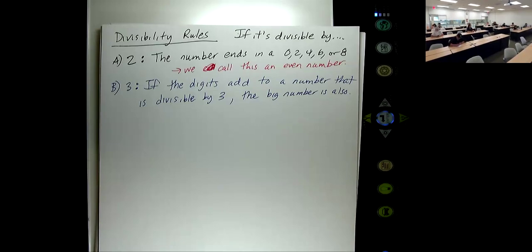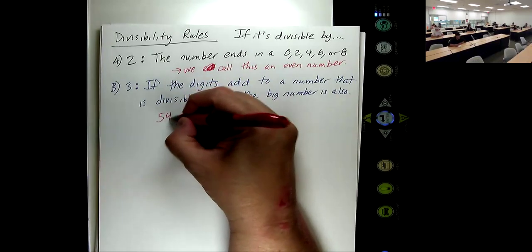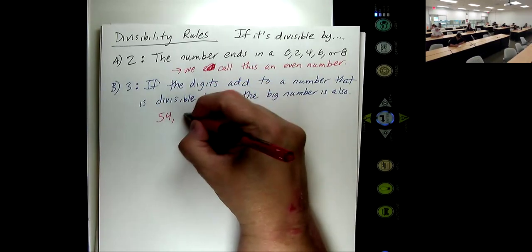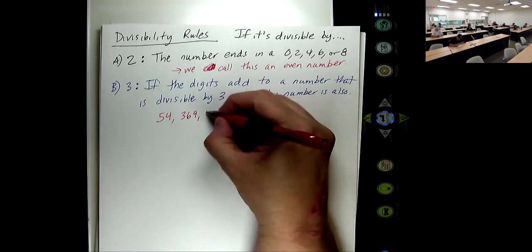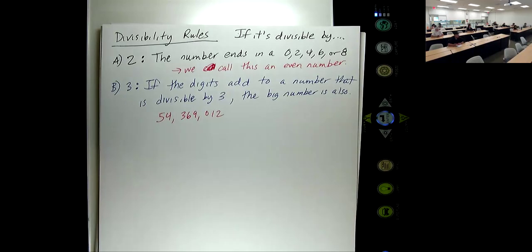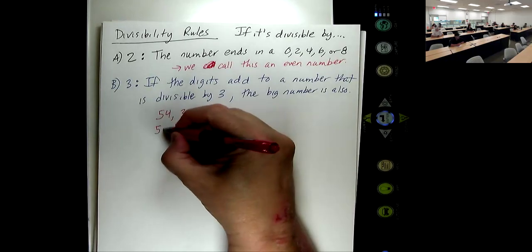This one you kind of see an example, I would think. So let's say we've got 54,369,000,012. If we had a calculator, we could easily find that it's divisible by 3. What this says is add up all these digits.